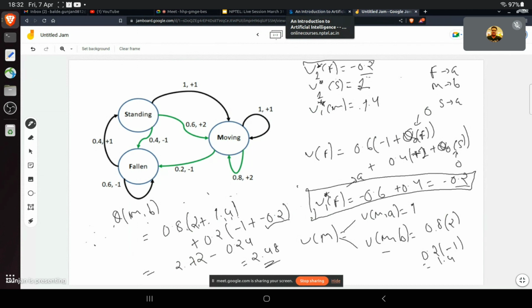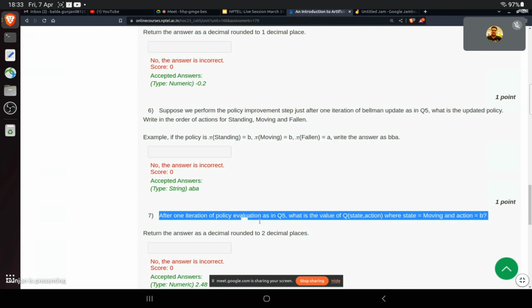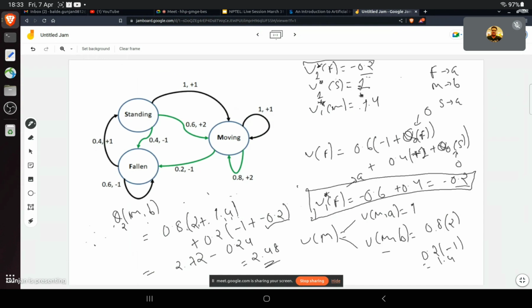Q-value is during the second iteration. So this is Q2 because in the question... I was thinking this is after the first iteration, only after the first iteration what has happened, what was the status that is to be taken. So in that you are getting 1.4. So that will be a problem. Exactly.